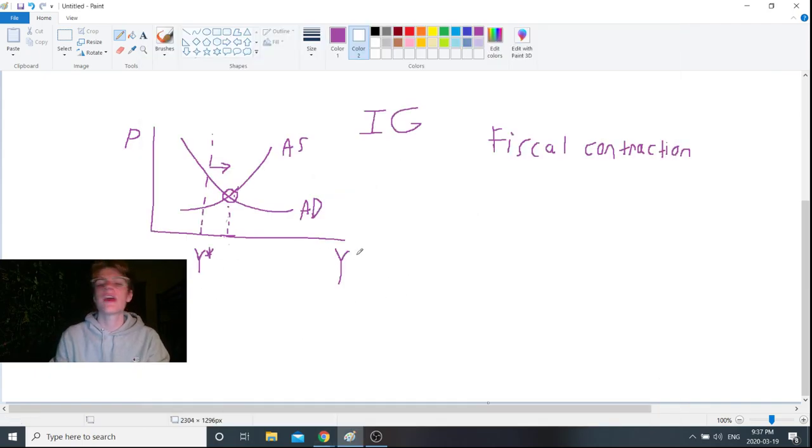Expansion. Any of those words would be fine. So fiscal contraction, how are we going to reduce our level of output? Well, there's two ways that they can do it. They can raise taxes. They can raise T, or they can reduce G.